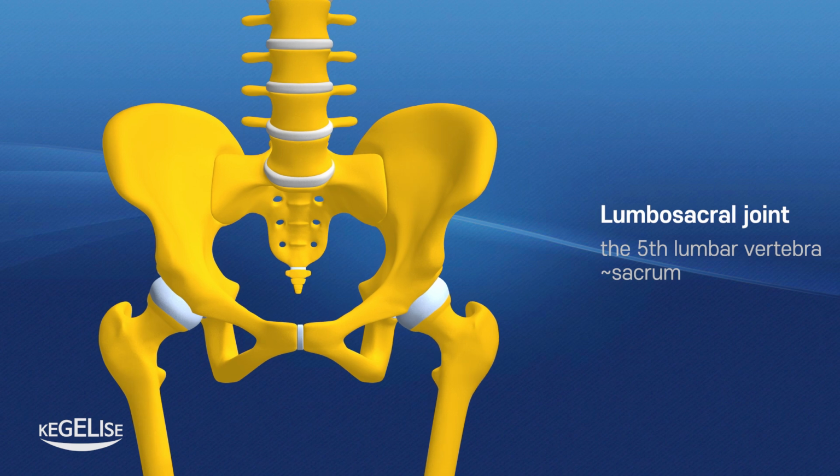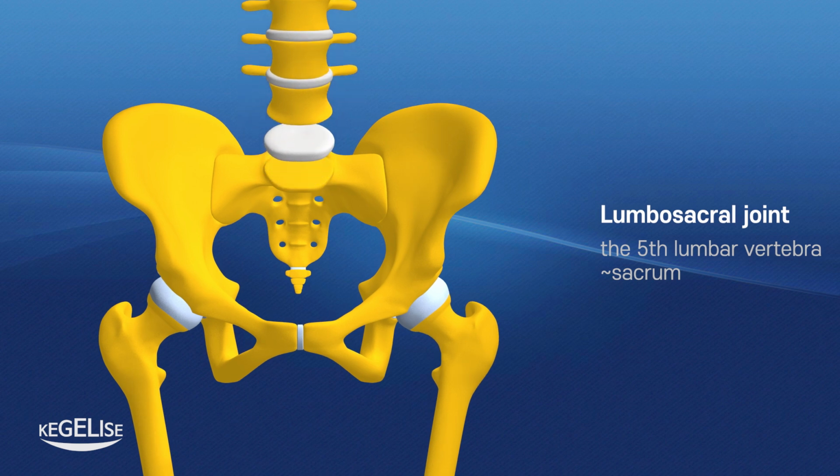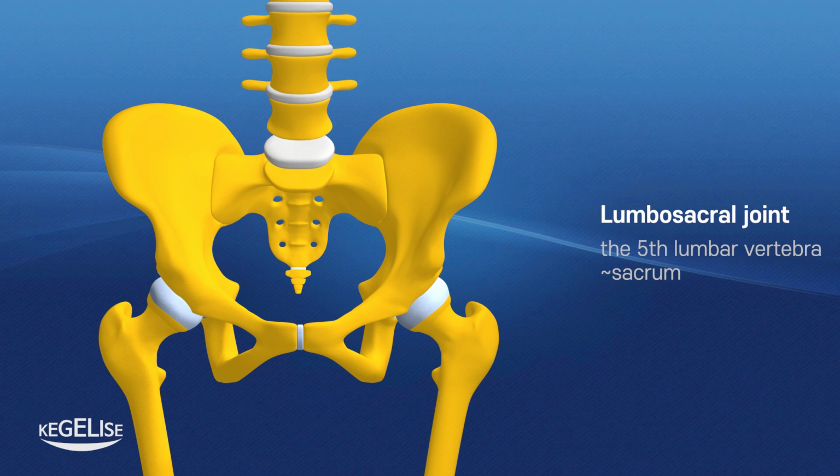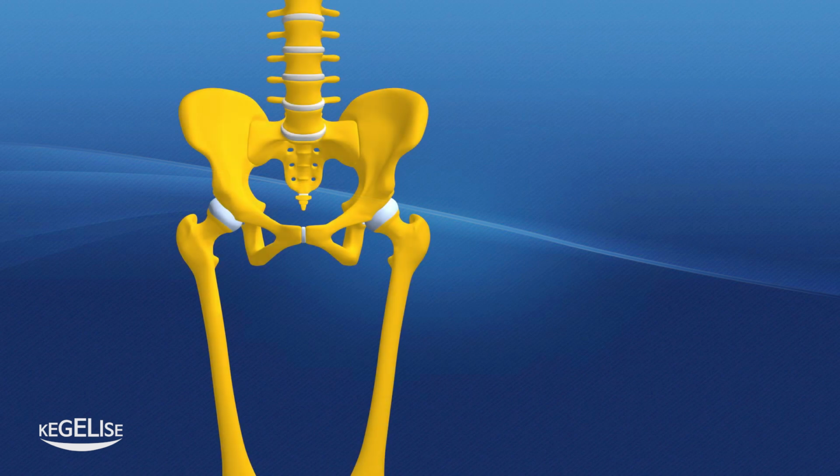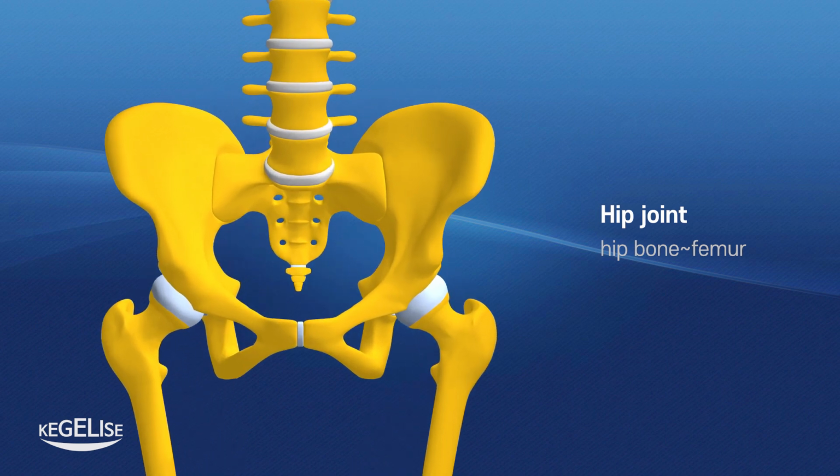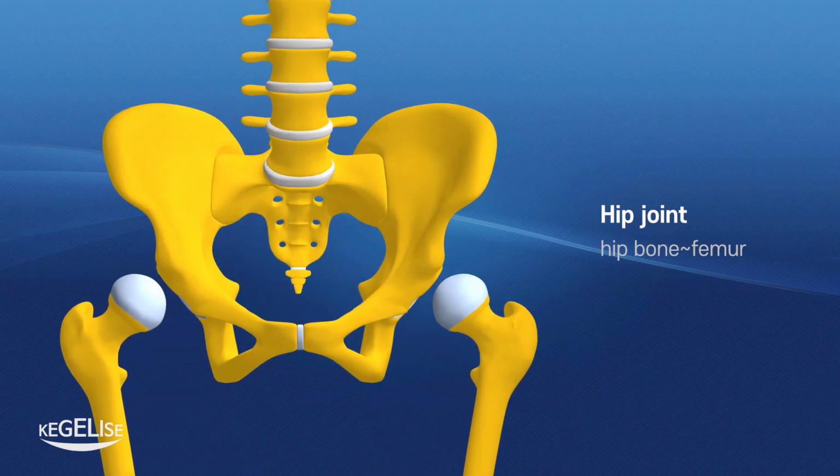The lumbosacral joint is an articulation between the fifth lumbar vertebra and the sacrum. The hip joint is an articulation between the hip bone and the femur.